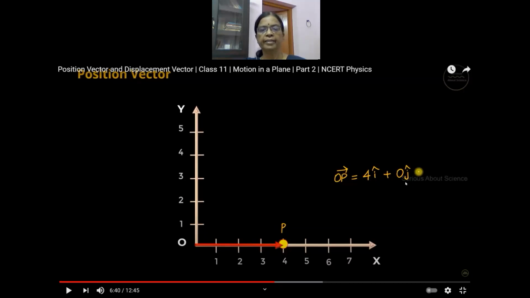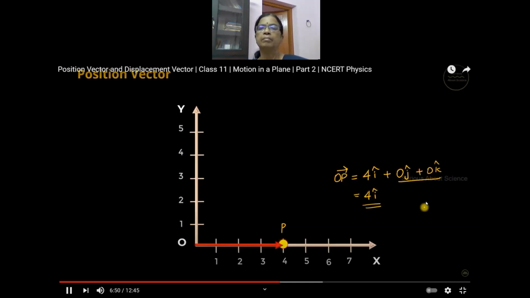It means it has not moved along the y direction. Only the x direction. No y component is there, only the x component. 0 j cap, okay. That is the meaning. We can also write it as 0 k cap. It is not necessary every time to write these 0 terms, so simply we can denote it by 4 I cap. That is the position vector.